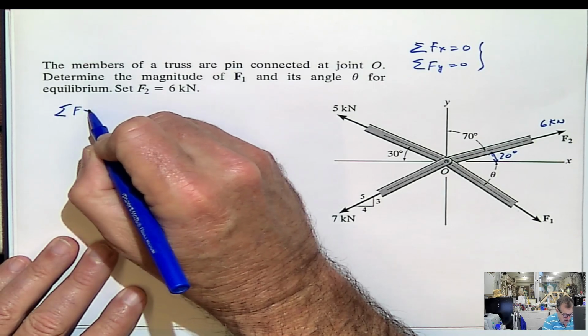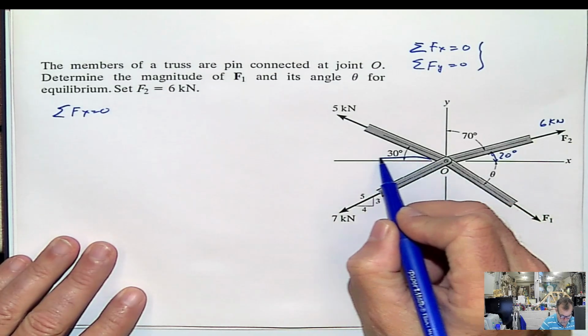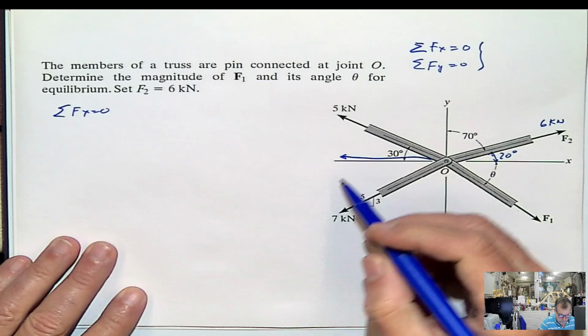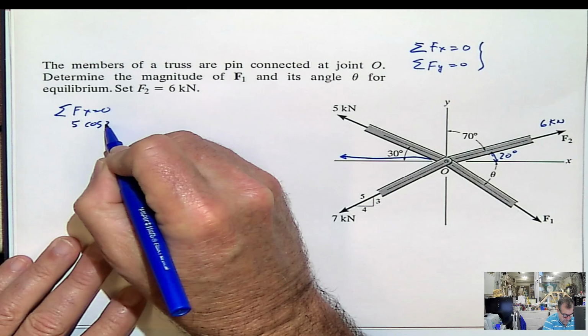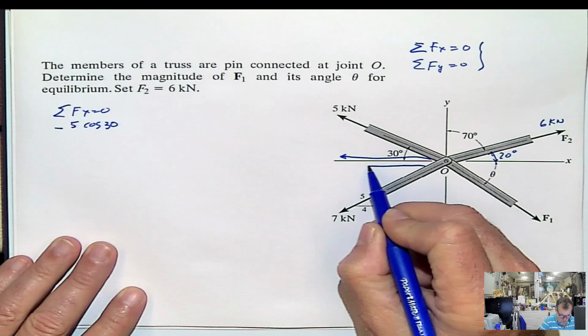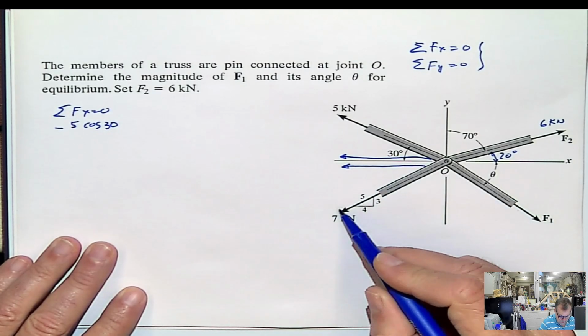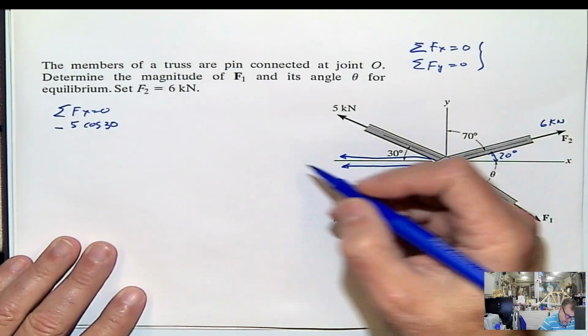Summation of forces in x equals 0. Once again, this component, 5 cosine 30, negative. This component in x, 7 multiplied by 4/5, negative.